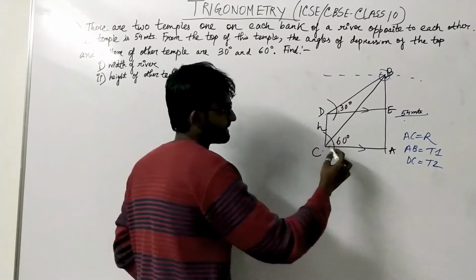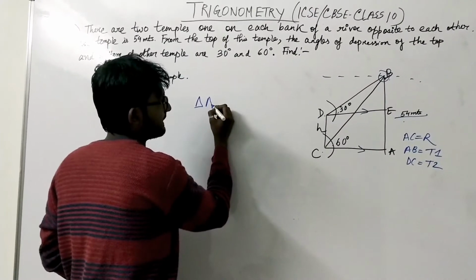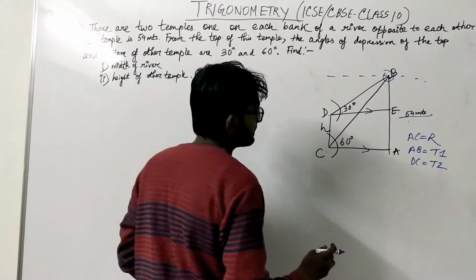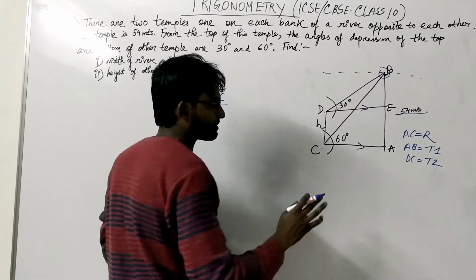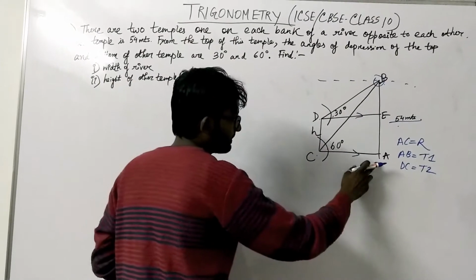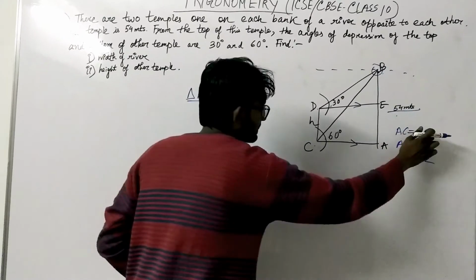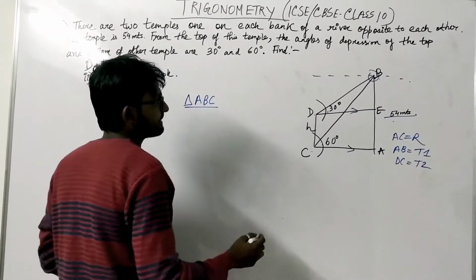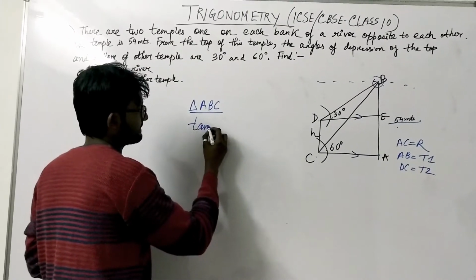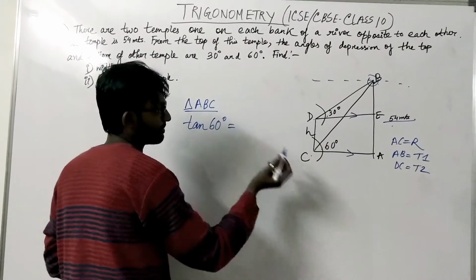So the width of the river is AC. First we will go with triangle ABC. Why? Because we already know two parameters here, this angle and this height. So it will be easier to find AC, the width of the river. Now we write tan theta, where theta is 60 degrees, equal to perpendicular by base.